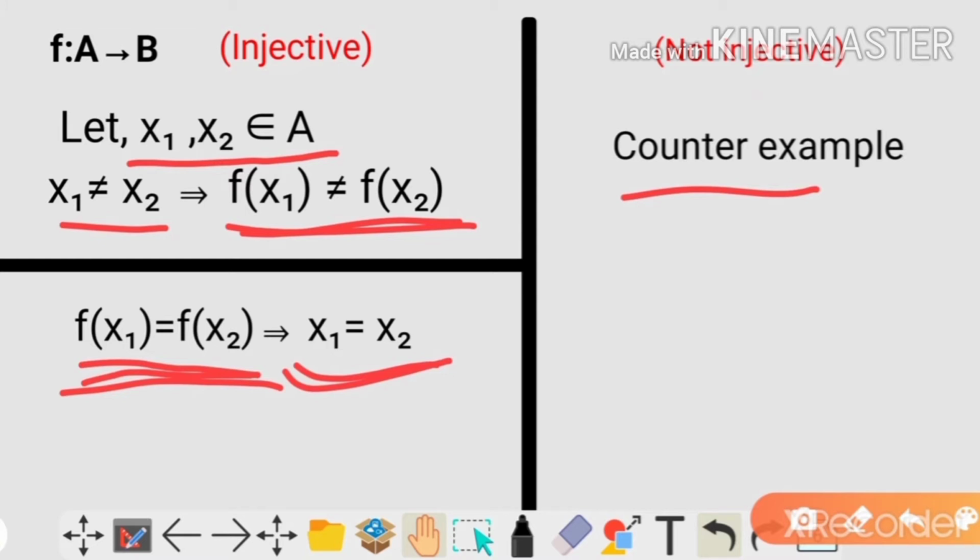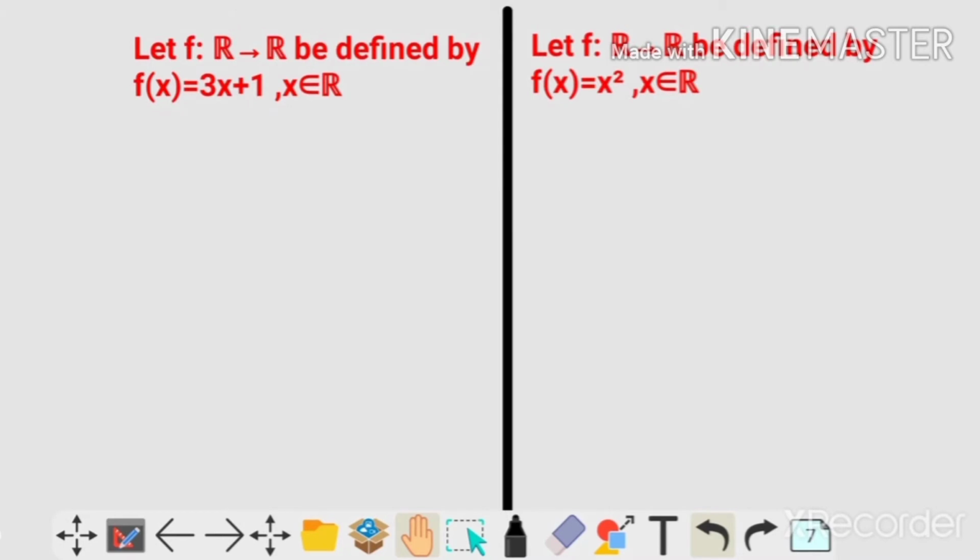So let's look at the examples. We have taken 2 examples here. The first one is from the real number set to the real number set, and it's defined by f of x equals 3x plus 1. Now we will prove that it is an injective function. How do you prove that? Let's take 2 points from the domain set, that is x1 and x2.